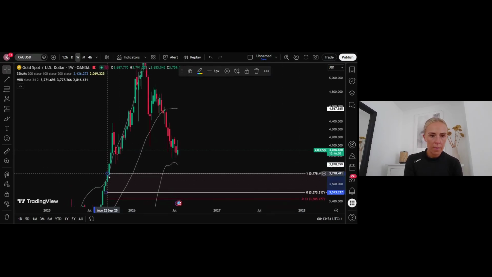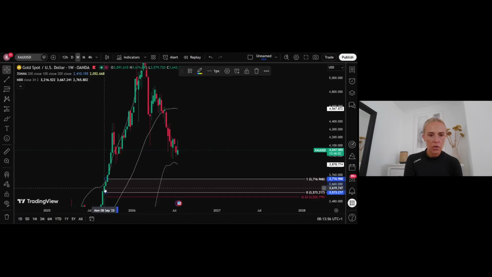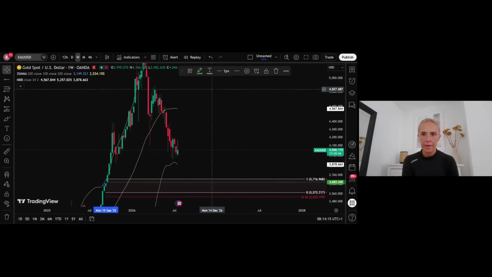Just refine that a bit. So you've got two basing candles here, which is the base of the supply zone. And I'm going to get my drawing tool and just mark out my preferred entry, which is that green line.